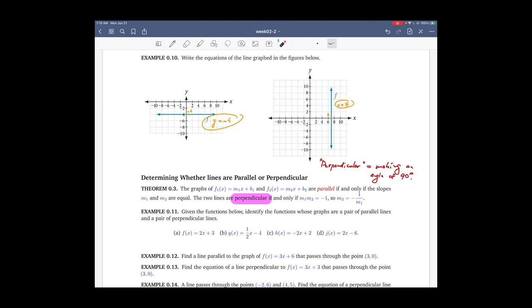This, of course, doesn't take care of the situation when lines are vertical or horizontal. So this here should say that two lines that are not vertical and not horizontal.